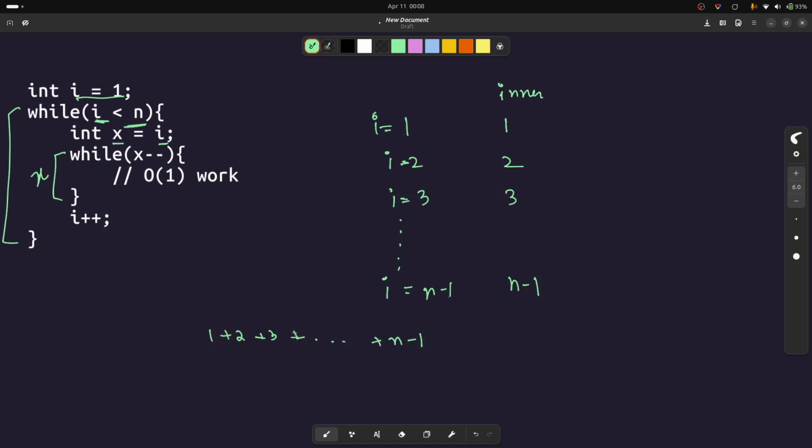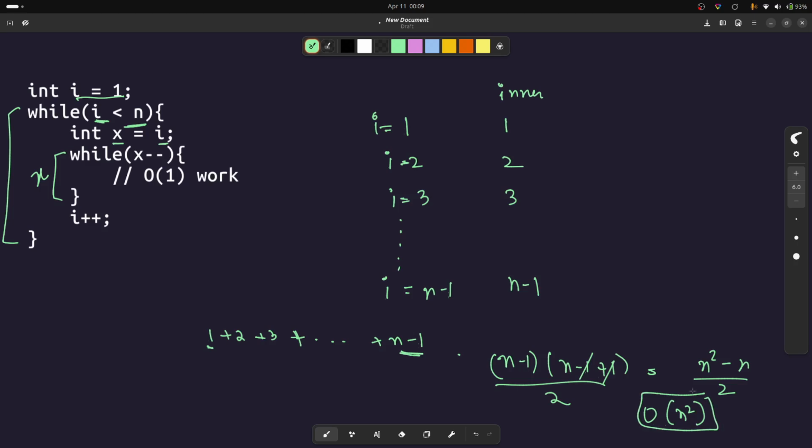Going from 1 to n minus 1, the sum is (n minus 1) into (n minus 1 plus 1) by 2. Now this will cancel out and you are left with (n square minus n) by 2. If you do big O, this is the answer: big O of n square. Simple.